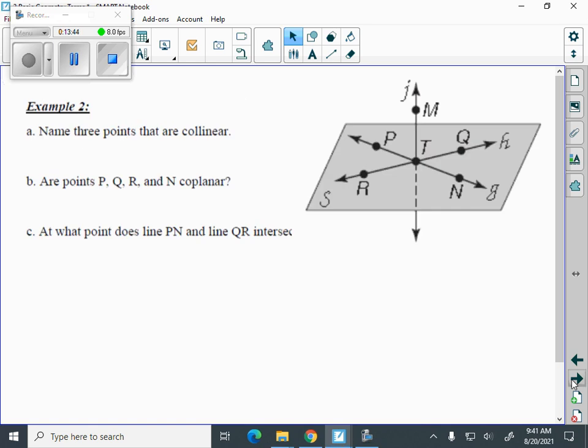Number 2. Name 3 points that are collinear. And take a minute here, and at least in your mind, think of 3 collinear points before I write down my answer. 3 points that are collinear. If you're writing in pen, don't write it down so you don't scribble it out if you accidentally get it wrong.